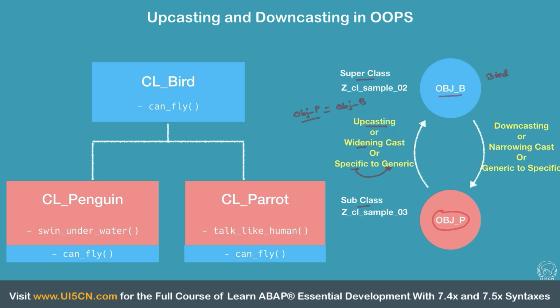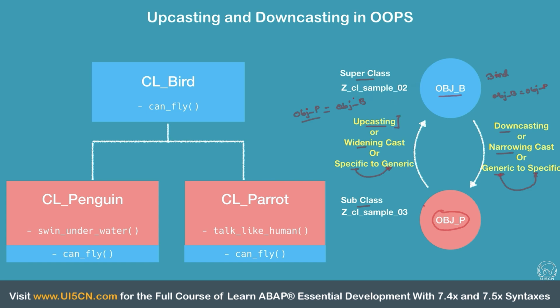So this is called upcasting. And the opposite, when I'm trying to assign to obj_bird the obj_parrot or penguin, is called downcasting, when I'm narrowing down the cast, going from a generic, the bird, to a specific, which is the parrot or the penguin.